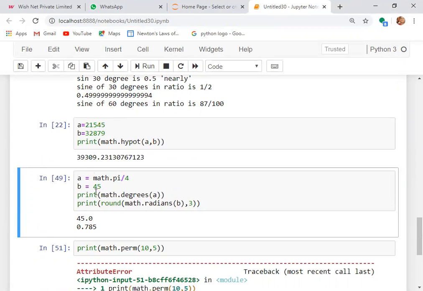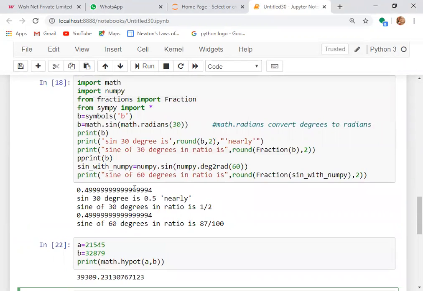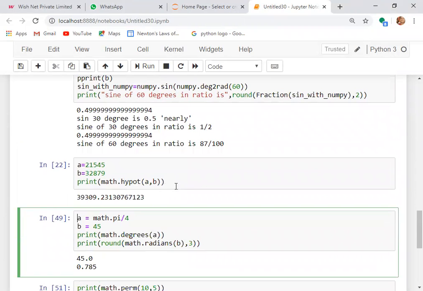Now after that, what next? In math, you know what the pi value is. If you run pi, you know, pi is 3.1415, like that. So if you import the math module, from that you can find pi by 4.